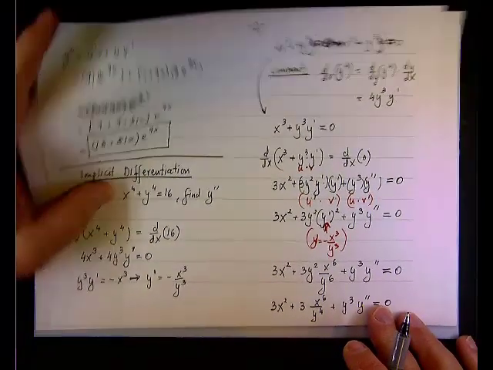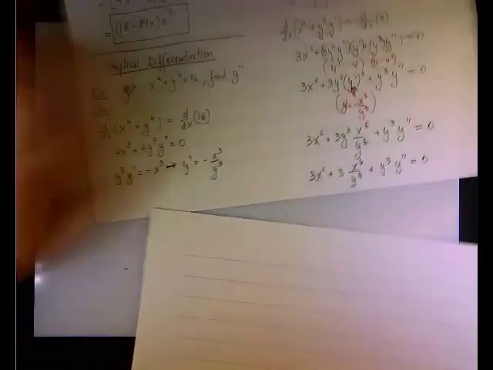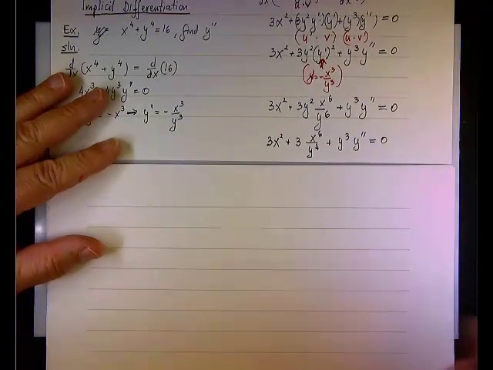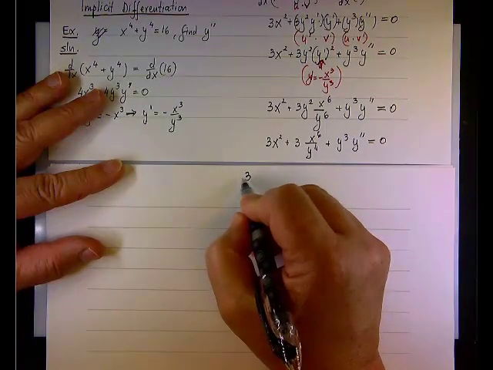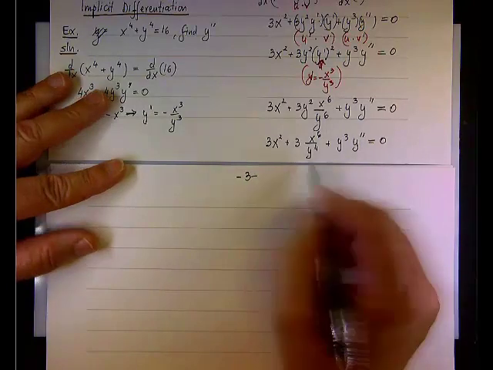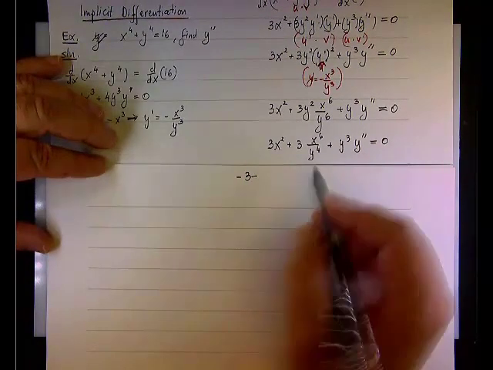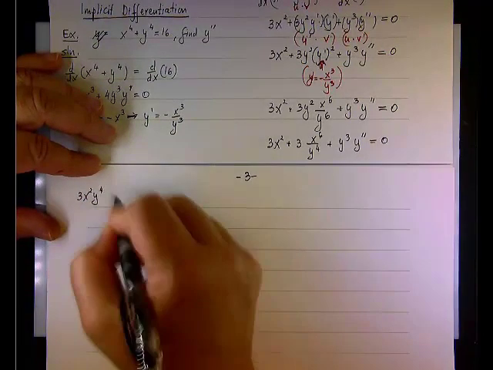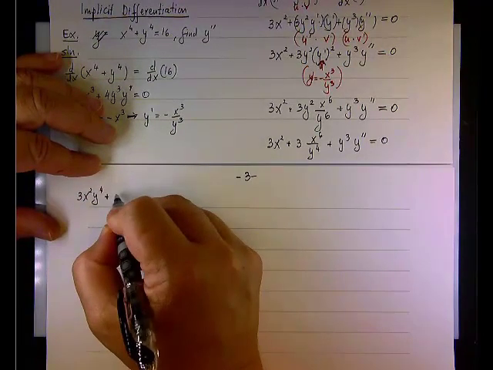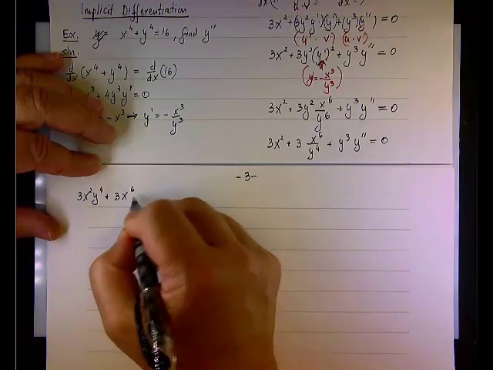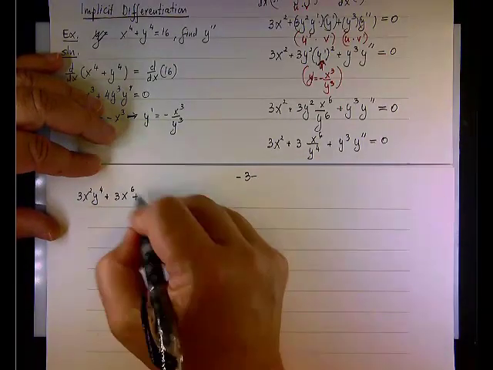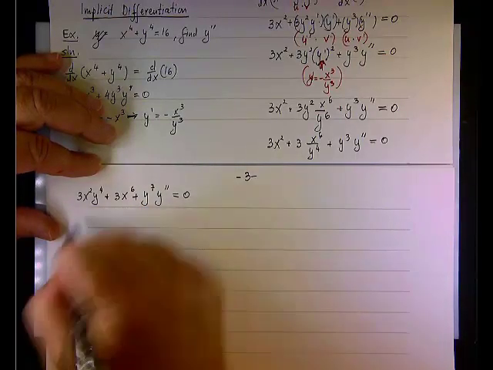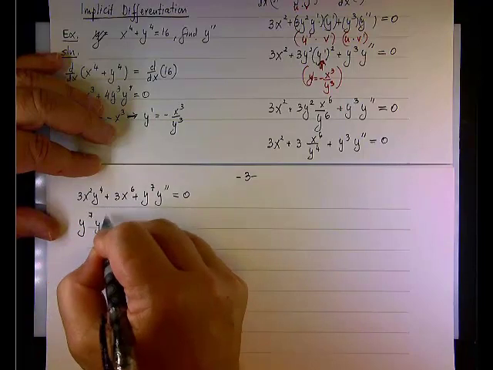And before I solve for y double prime, I want to eliminate the denominator, so I'll multiply the whole equation by y to the 4th to get 3x squared y to the 4th plus 3x to the 6th plus, after multiplying by y to the 4th, I have y to the 7th, y double prime equals 0, and now we bring it home.